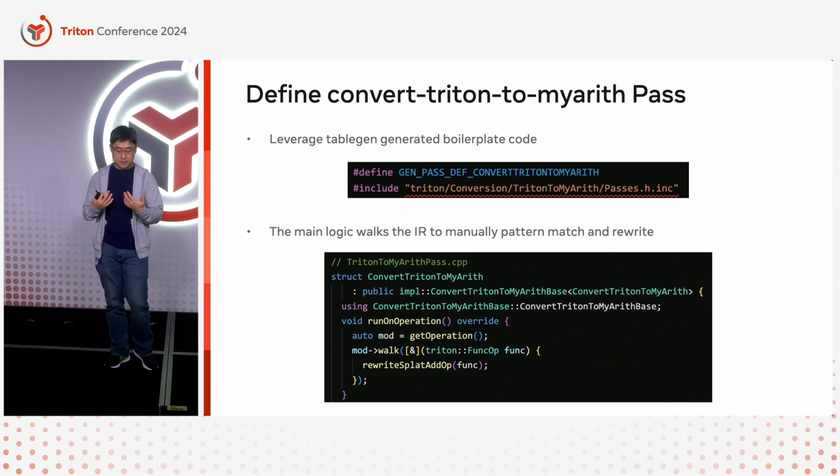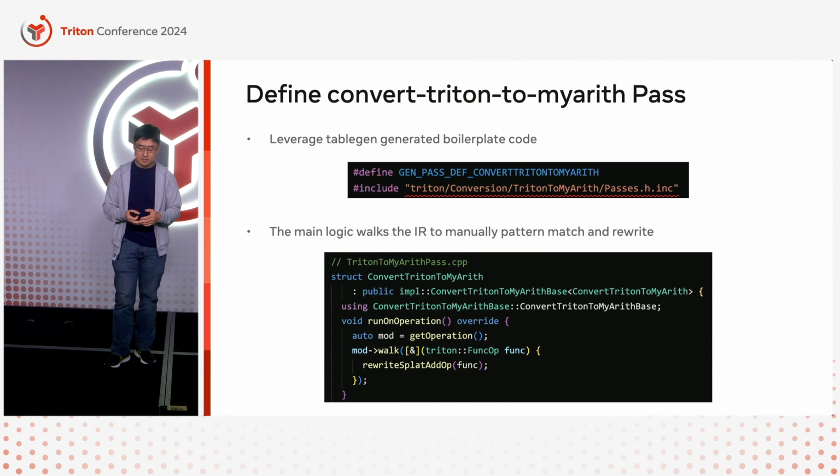So you can see we call getOperation to grab the module op or the root op of the program, and then we can walk this recursively structured IR and call our rewriteSplatAddOp only on Triton FuncOp, which, as you might remember, is the function operation that encapsulates our entire program.